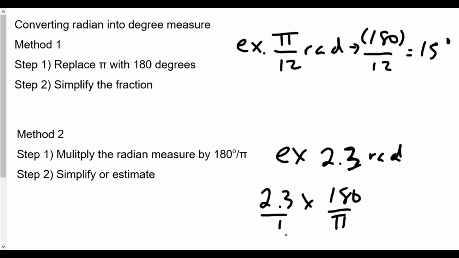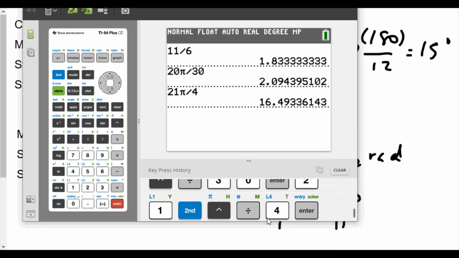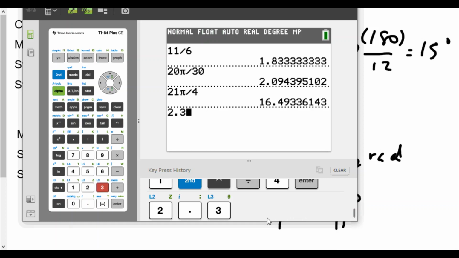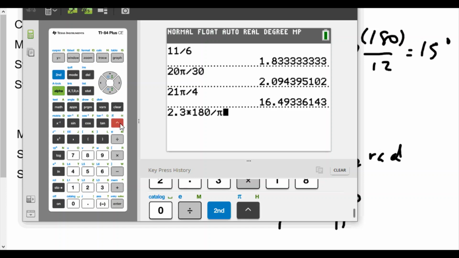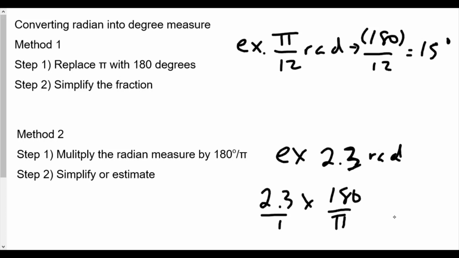Here we would use our calculator: 2.3 times 180 divided by pi. We end up with an approximation, 131.78, or about 131.8 degrees.